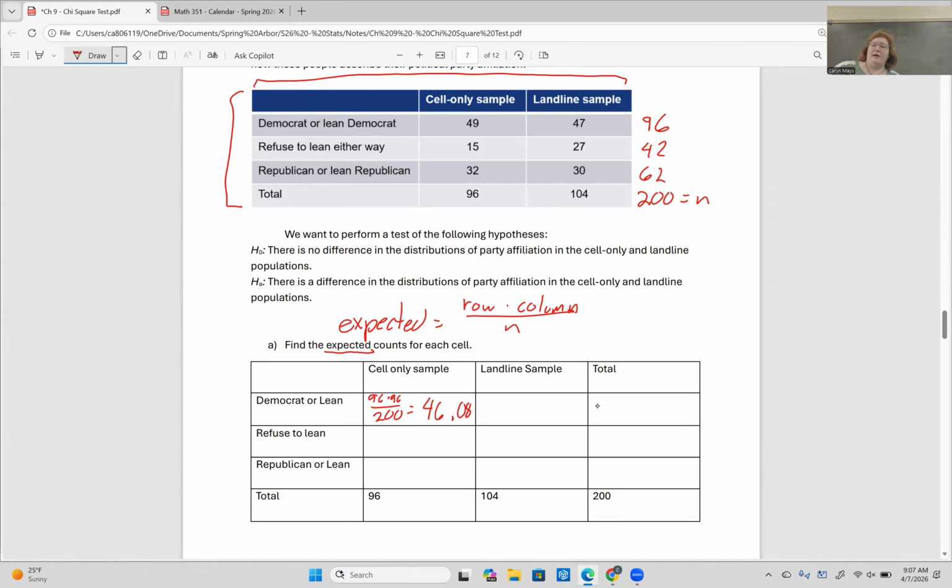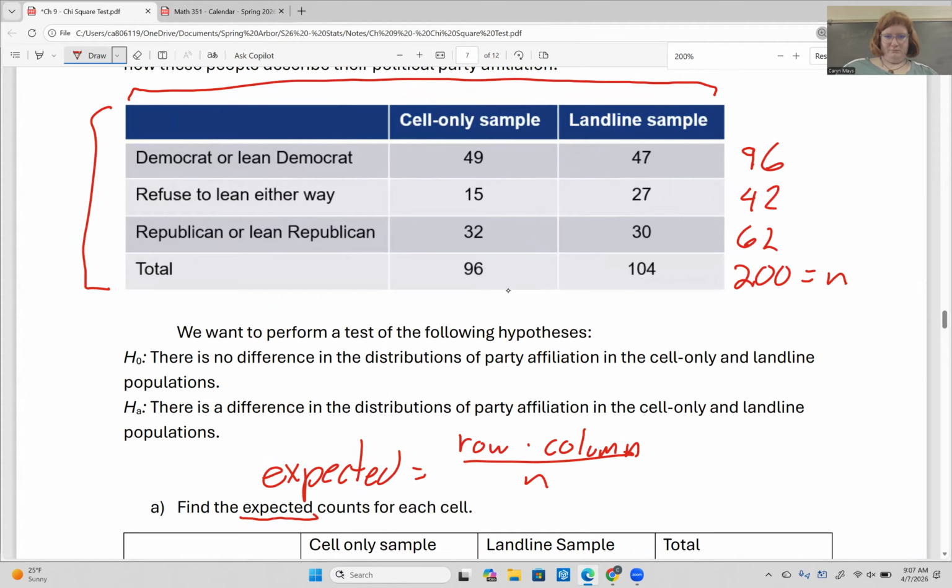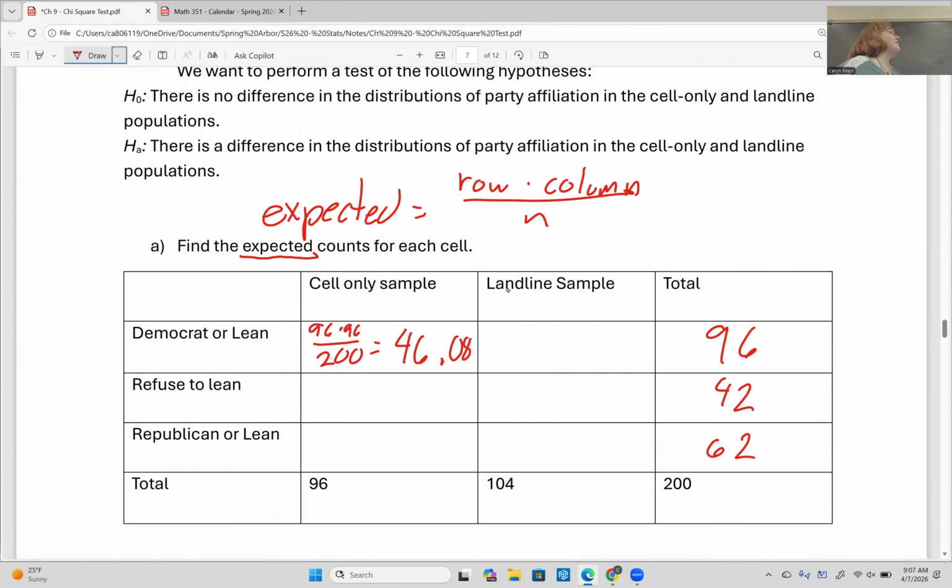So landline. I'll copy those numbers down. How would I find the landline Democrat?